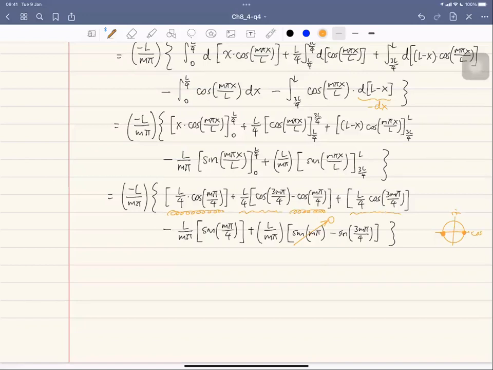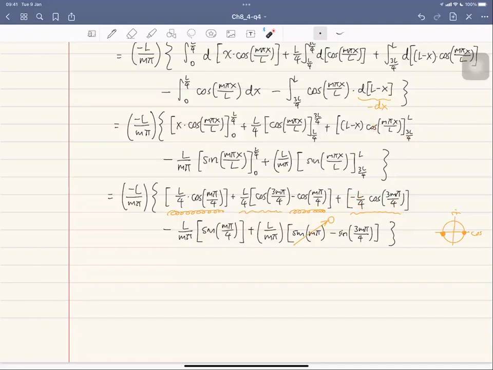If I get my minus signs correct, yes, there's an extra minus sign here because when I plug in the L, it goes to 0, and then I need to subtract, right? I need to subtract when I plug this in. So that's the subtraction. So it's 0 minus when I plug this in here. Okay, so these two will cancel.